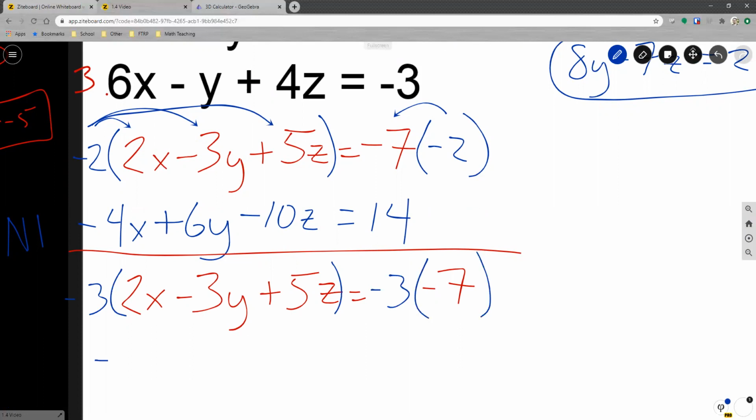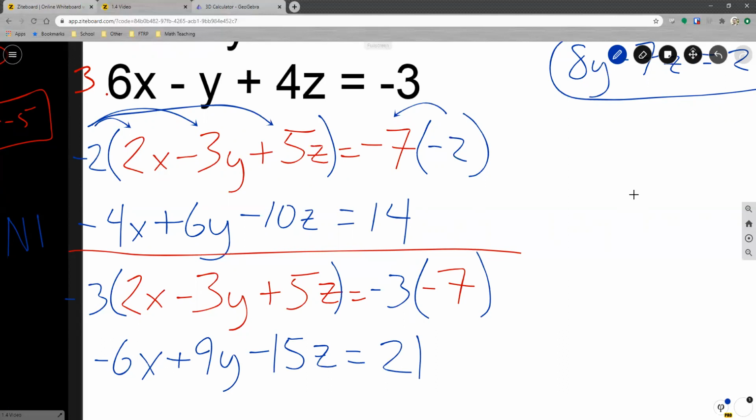-3 times 2x is -6x. -3 times -3y is 9y. -3 times positive 5z is -15z. And then the other side of the equation, I have -3 times -7, which gives me 21.